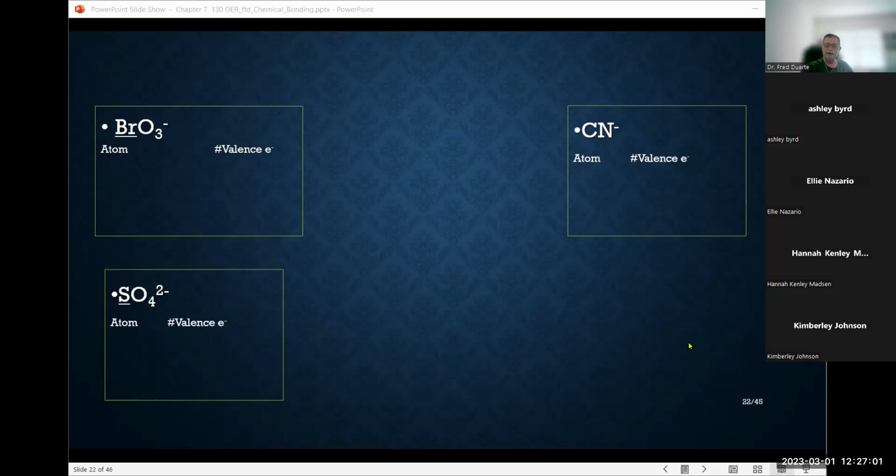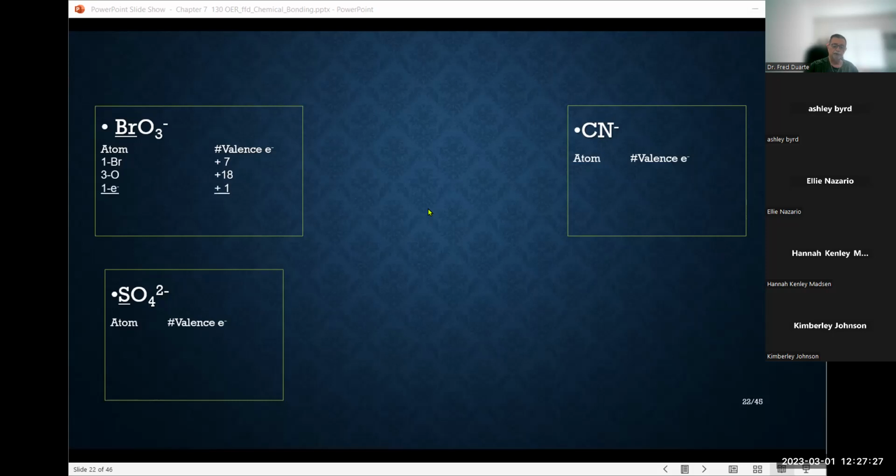This is a bromate ion. All right, so it's a negative charge, so we're going to add, right? Counterintuitive. So we have 1 bromine, it brings 7 valence electrons. Then we have 3 oxygens. Oxygens are in group 6, so they bring 18 valence electrons.